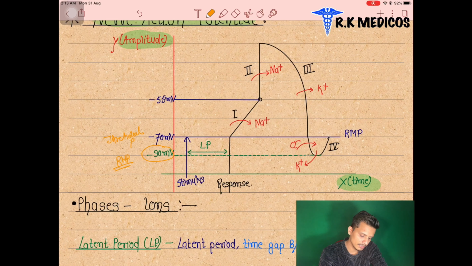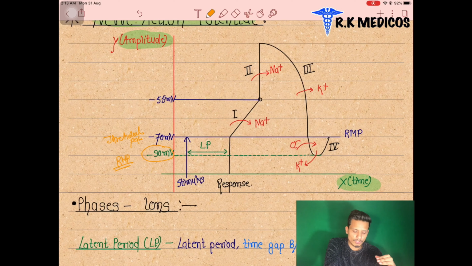Threshold potential is the potential at which the neuron is going to fire very fast, and the resting membrane potential is the potential at which the neuron is at rest, which is minus 90 millivolt.